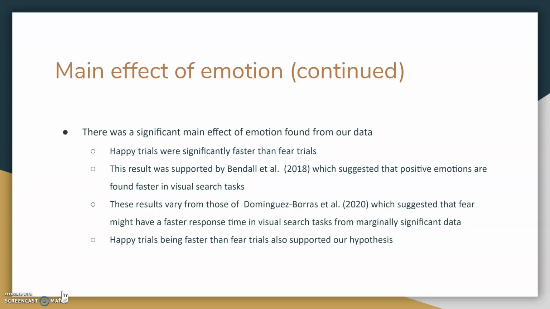This was only based off of marginally significant data, hence why I said suggested instead of showed. But overall, the happy trials were faster than the fear trials, so our hypothesis was supported. One of the articles used in the previous literature section was supported by the data that we have, but one was not.